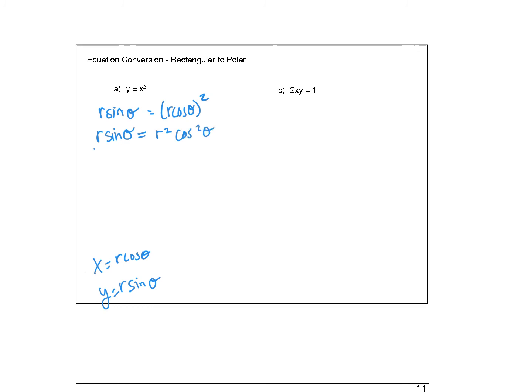I can divide by an r. So sine theta equals r cosine squared theta. And then I can isolate my r.